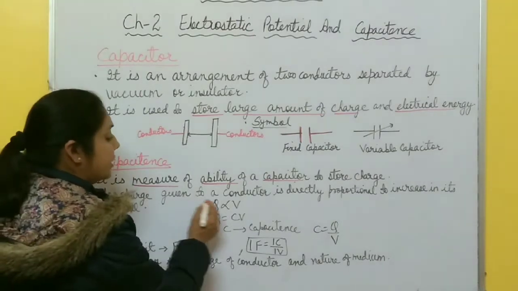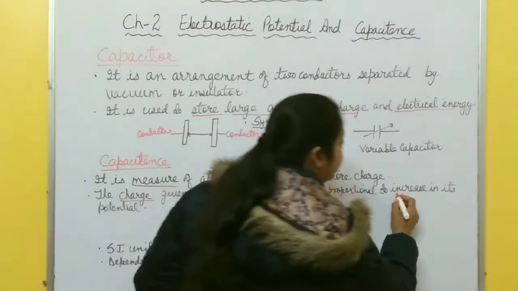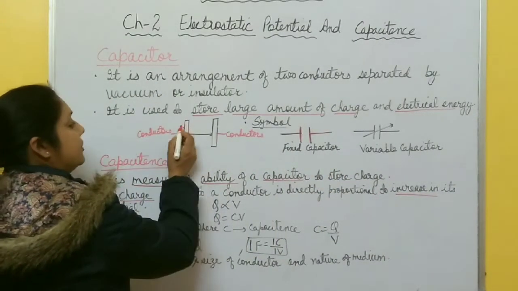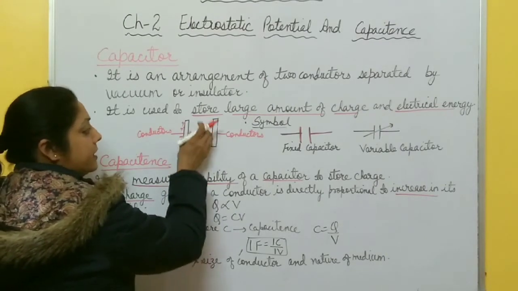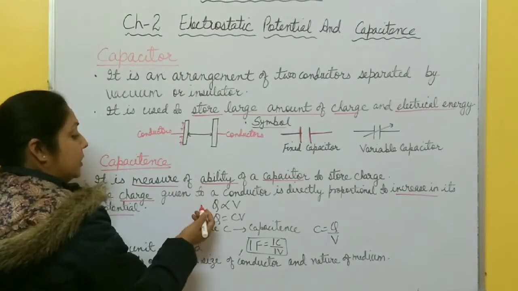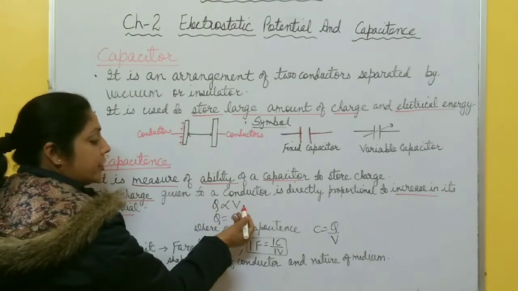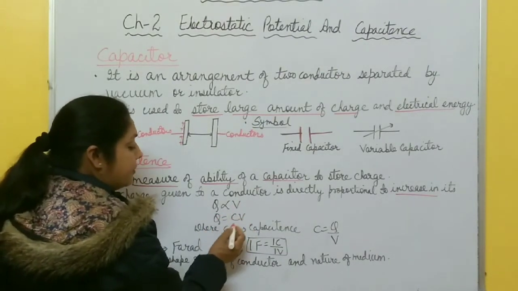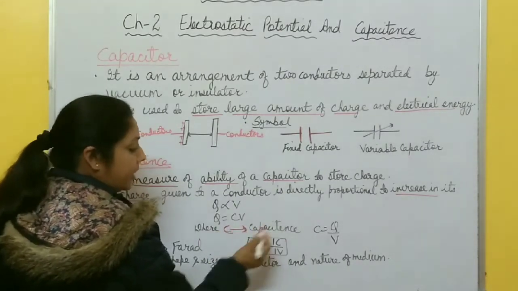Mathematically, the charge given to a conductor is directly proportional to the increase in its potential. When some charge, suppose positive charge, is given to this conductor, there is an increase in potential difference between these two plates. So the charge given to a conductor is directly proportional to the increase in its potential. It means Q equals CV, and this C is called capacitance, right?